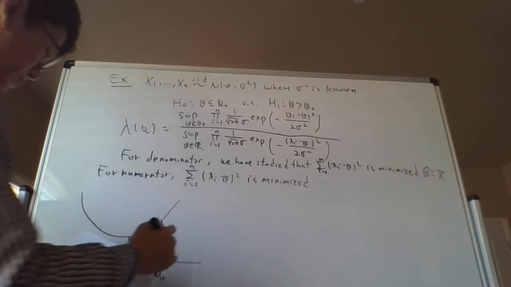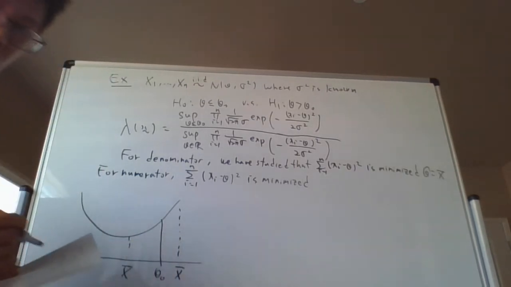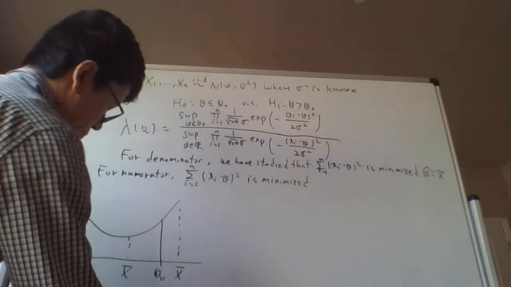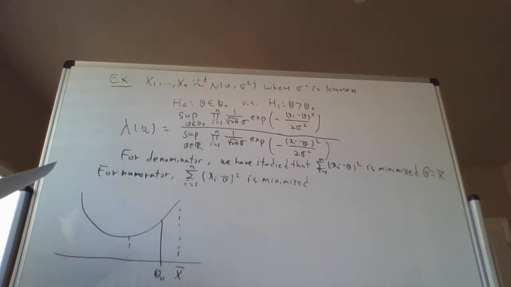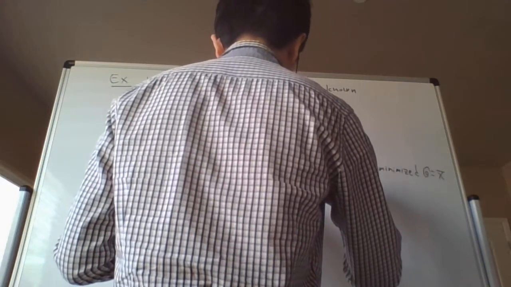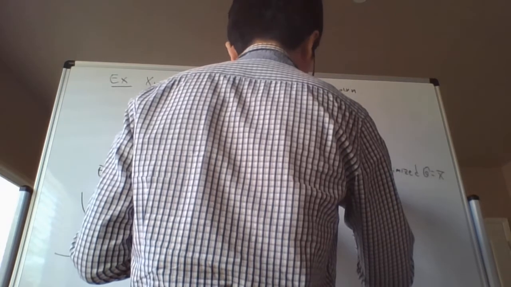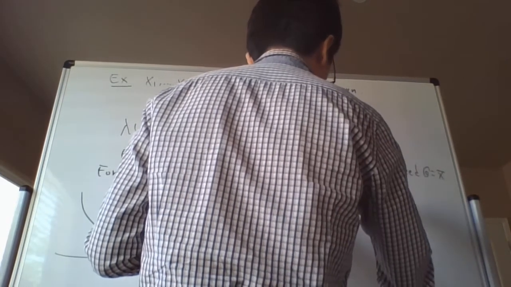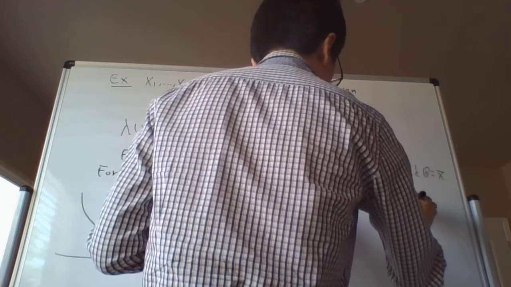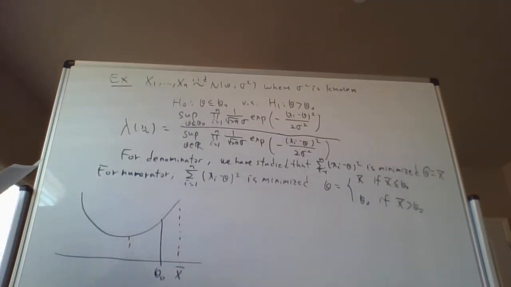However, if x bar is greater than theta 0, since we are restricted to theta less than or equal to theta 0, theta 0 is the minimizer. So we can have this one.